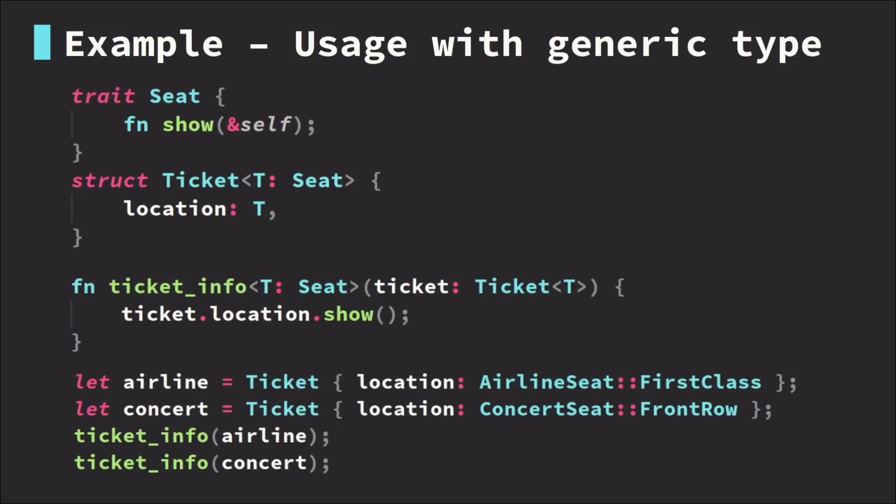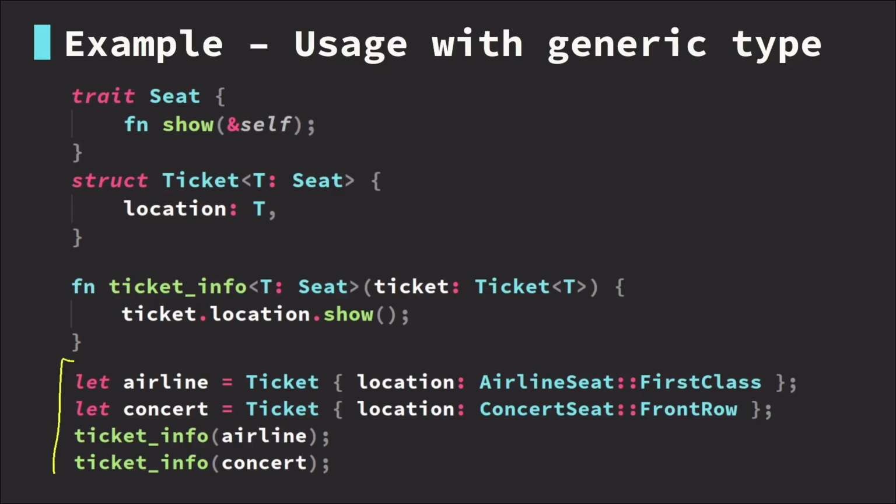To maximize our usage of this function, we can change it to be generic. This modified version of the function has a generic type T, which must implement the seat trait. Our ticket parameter must be a ticket structure, and it can be any type of ticket as long as it implements the seat trait. Usage is the same as before, except now we can utilize it with tickets having different seat types.